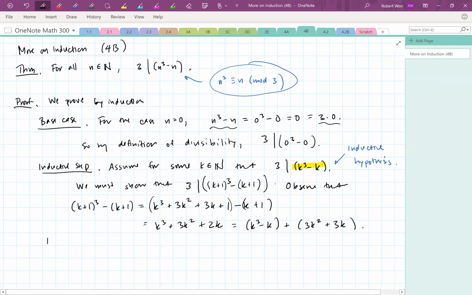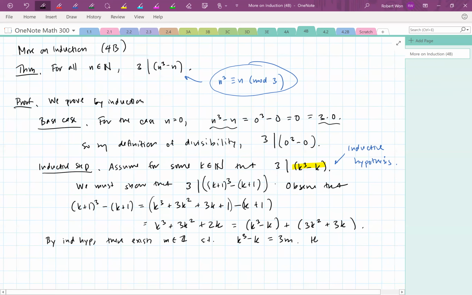Now, by the inductive hypothesis, since 3 divides k cubed minus k, there exists an integer m such that k cubed minus k equals 3 times m. That's what it means to say that 3 divides k cubed minus k.